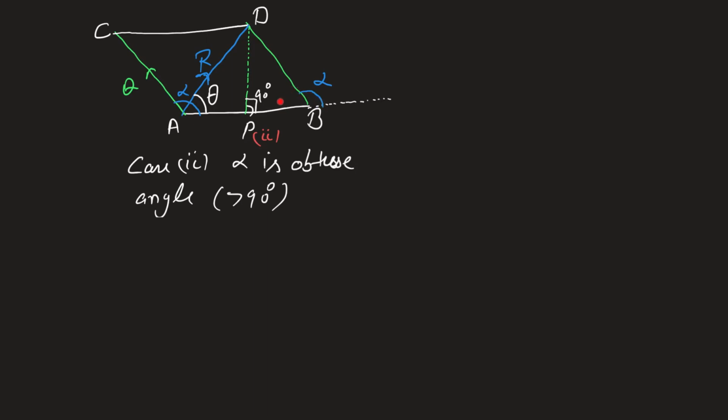So this remaining part will be 180 minus alpha. So let me write this angle as pi minus alpha, 180 minus alpha.